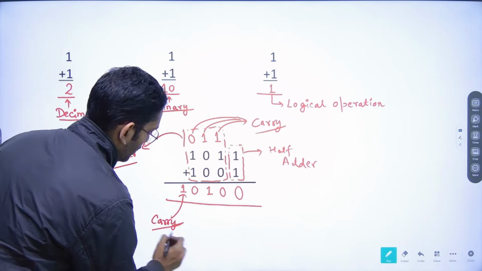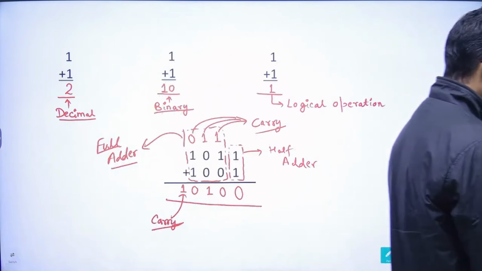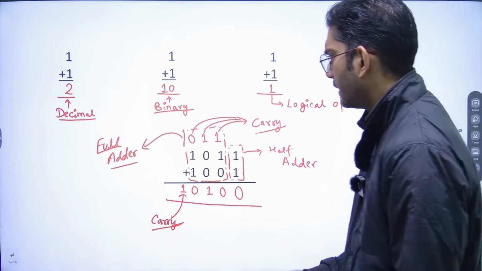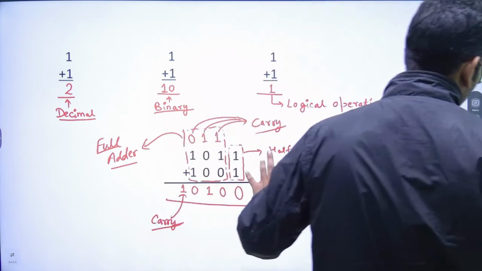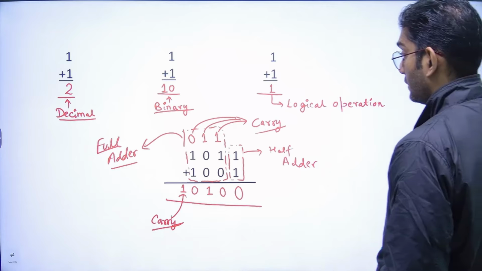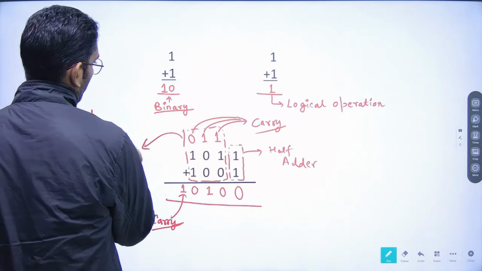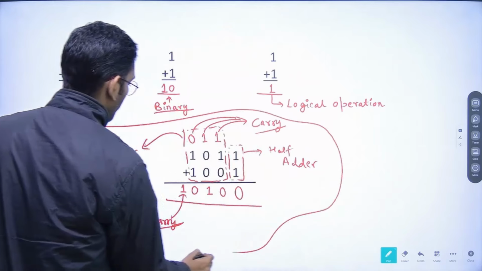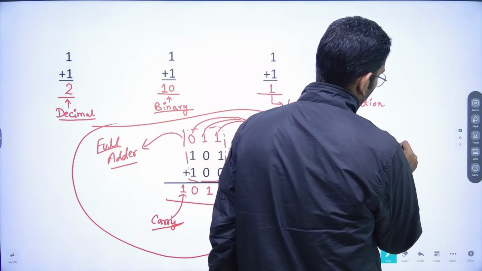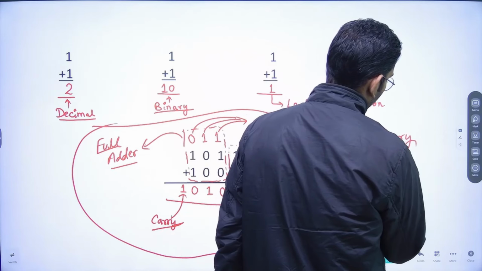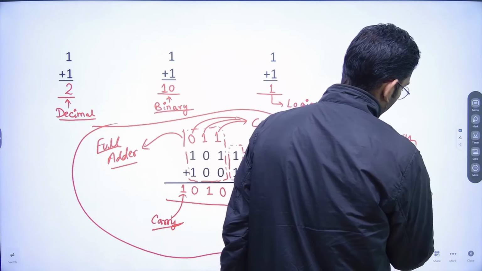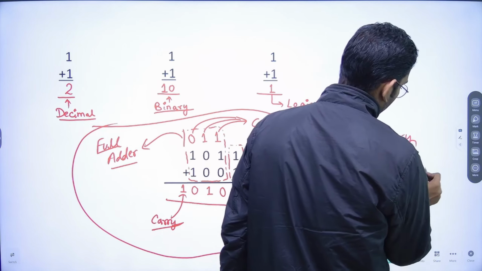So this is the whole operation of binary addition, and this whole process is called the binary parallel adder.